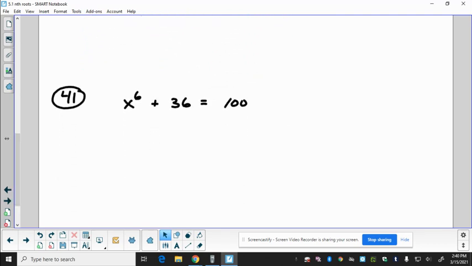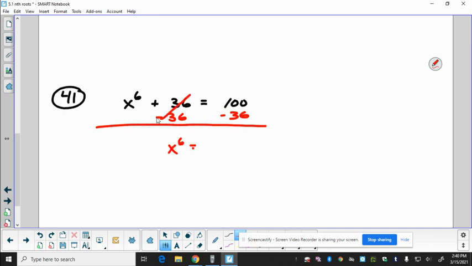And finally, or maybe not, let's go ahead and do this problem. Now we do see addition or subtraction first. That sixth root or sixth power requires a sixth root, which is an even root.